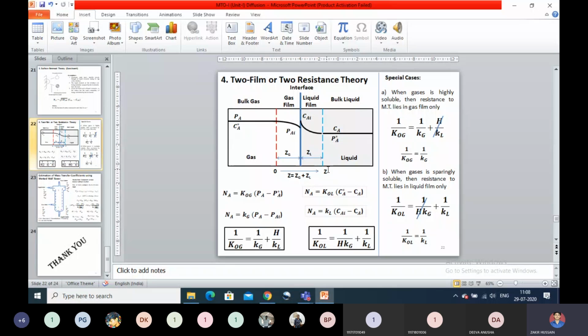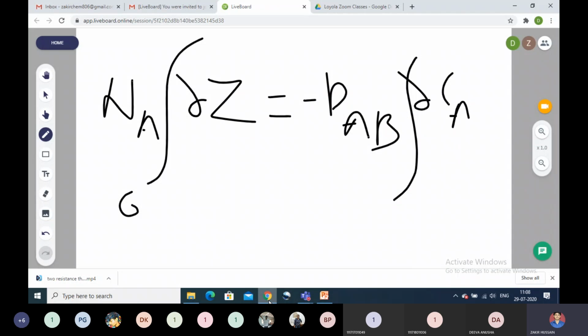When z is equal to z, the concentration is CA. The same limits we have to apply here also.